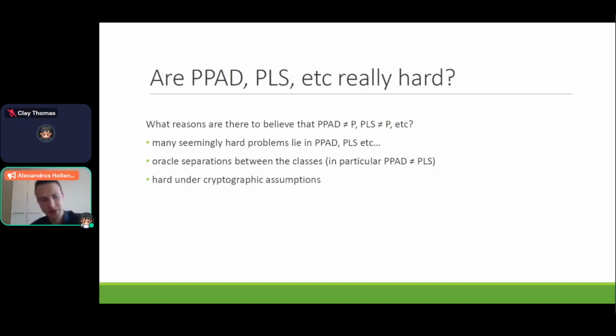And the final and perhaps most convincing answer, I would say, is that there are results showing that these classes are hard under some cryptographic assumptions. So what does that mean? Well, it means that if you come up with a polynomial time algorithm for PPAD tomorrow, that will have consequences for cryptography.